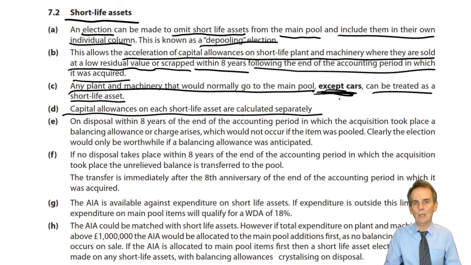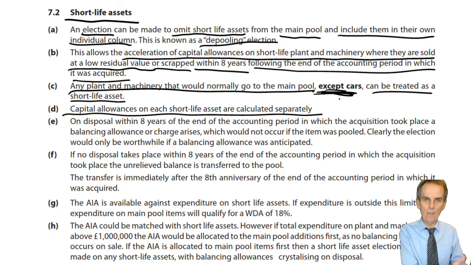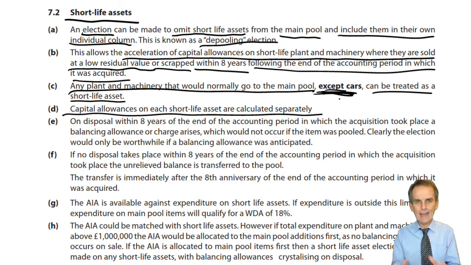This election is only going to come into play if you have expenditure incurred for an accounting period, main pool expenditure, that is in excess of the AIA limit. And in those circumstances, it may be seen to reserve the AIA for the other main pool expenditure, and any expenditure that was incurred on short life assets, those with a life of less than 8 years, we would think, and also, importantly, those that we anticipate will have a low residual value.